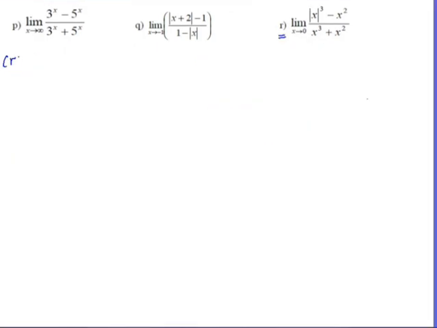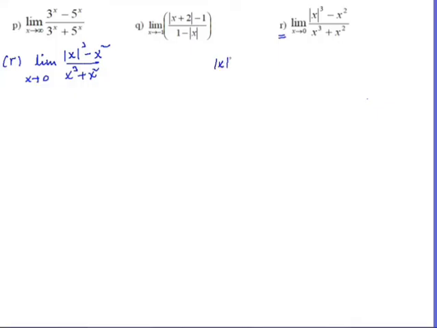So the other part is the limit of the absolute value of x cubed minus x squared over x cubed plus x squared as x approaches 0. Here we will apply the concept of absolute value.